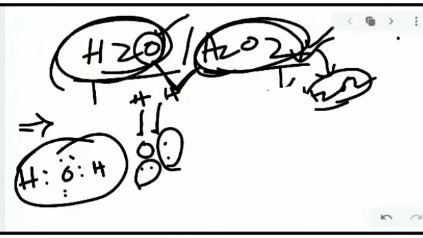In H2O2, how many electrons does oxygen have? 6. The difference is that here there are 2 oxygens, and in water only 1 oxygen. Each oxygen carries 6 electrons, and the 2 hydrogens have 1 each, mutually sharing.